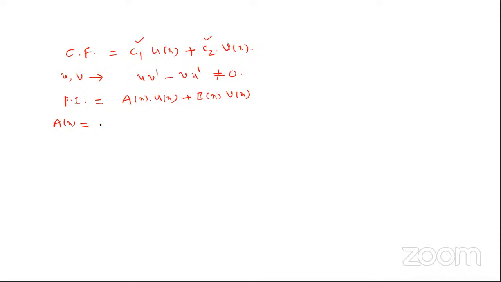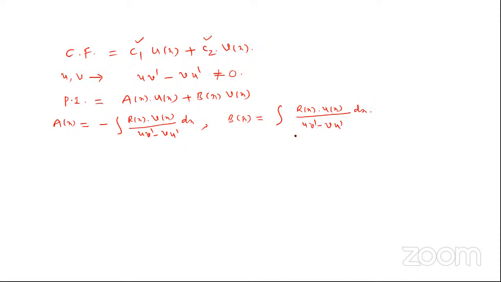To find a of x, we use the formula minus integration of r of x into v of x divided by u into v dash minus v into u dash, dx. And we find b of x by using the formula integration of r of x into u of x divided by u into v dash minus v into u dash, dx.